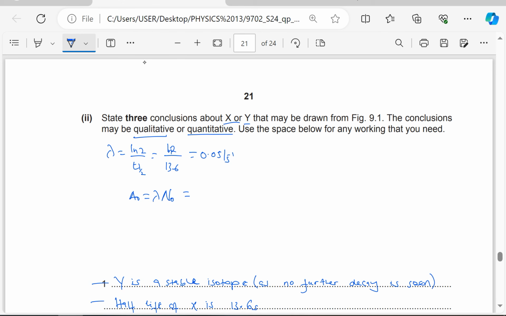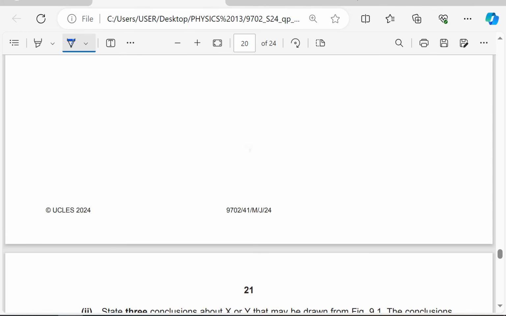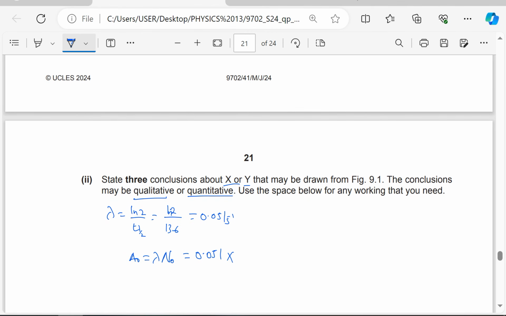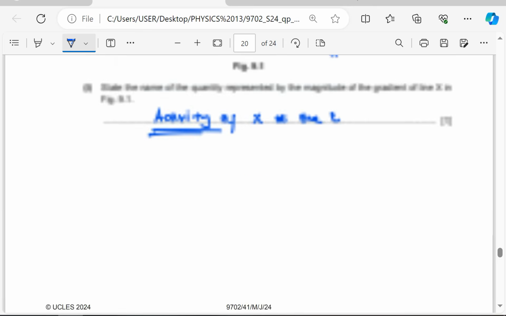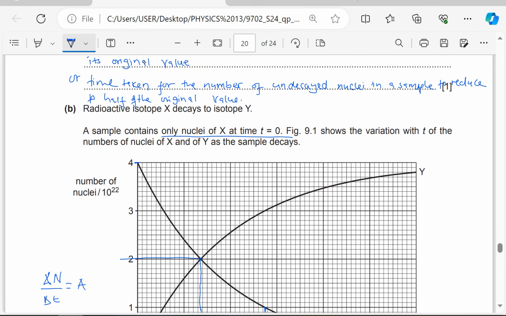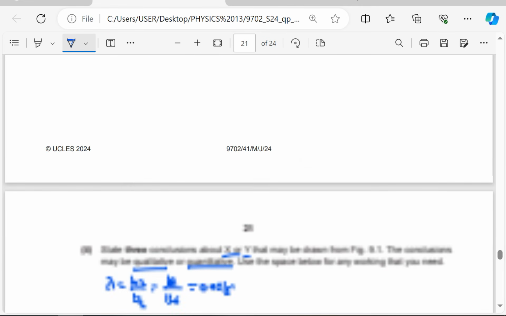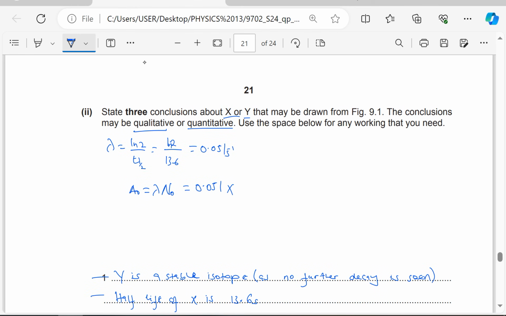The decay constant we have already seen is 0.051 times N naught. Let's check N naught from the graph. N naught is 4 times 10 to the power of 22.